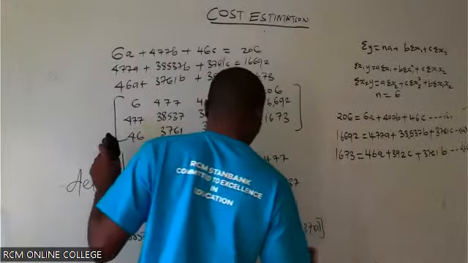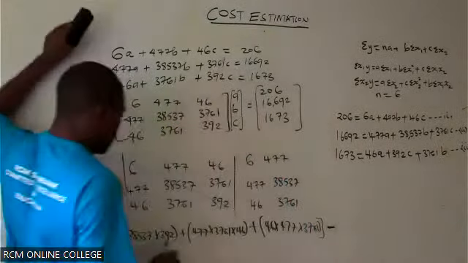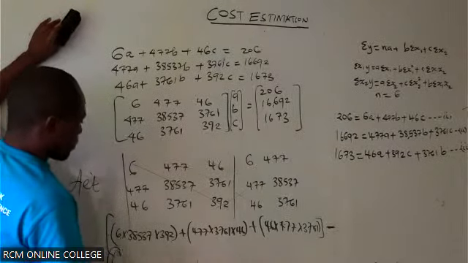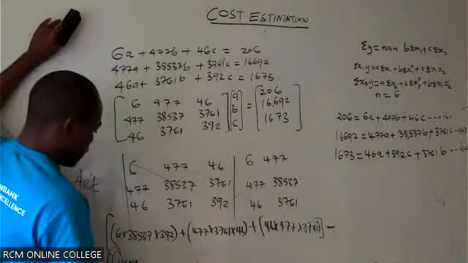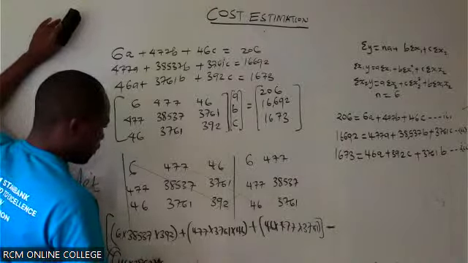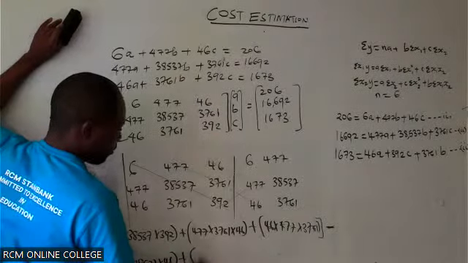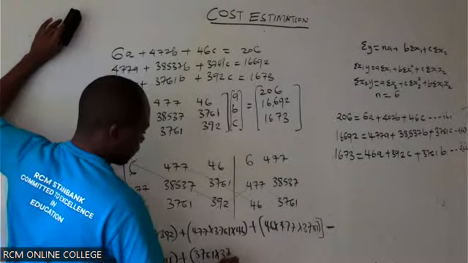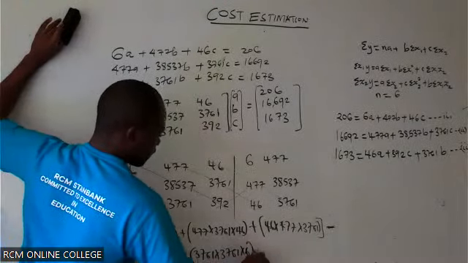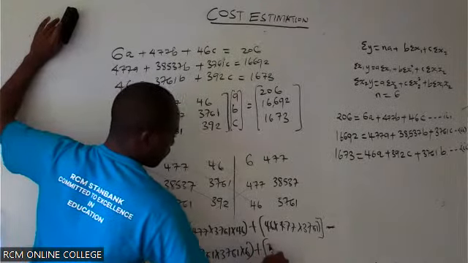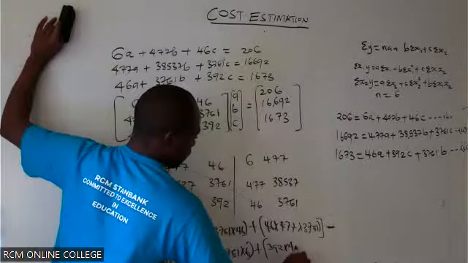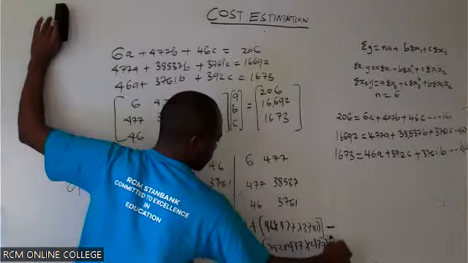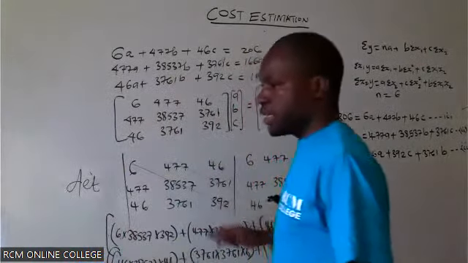The all of that, you less the last part here: you less 46 by 38,537 by 46, plus 3761 by 3761 by 6, plus 392 by 477 by 477. So that one will give you the determinant.